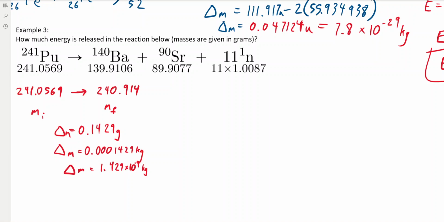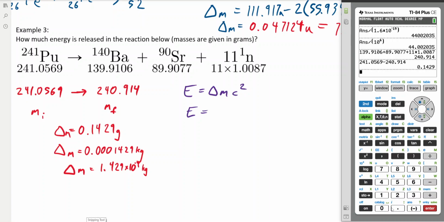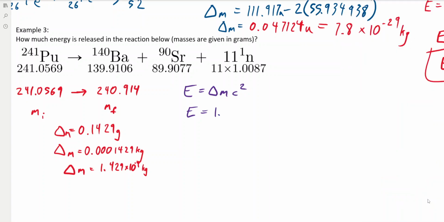All right. So this is what that looks like, but now what we need to do is put it into our equation. So change in mass times c squared equals delta m c squared. So we're going to take that number, 0.0001429, times the speed of light, 3 times 10 to the 8, and then square it, and so we get an answer of 1.286 times 10 to the 13 joules.